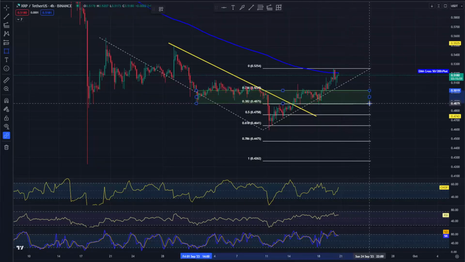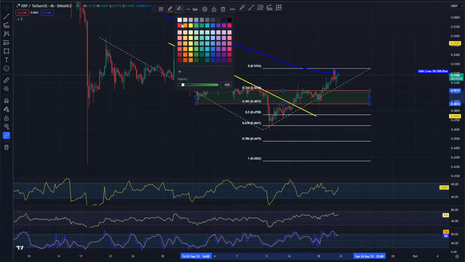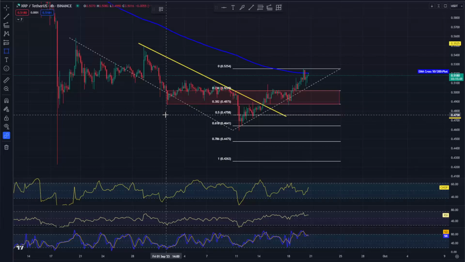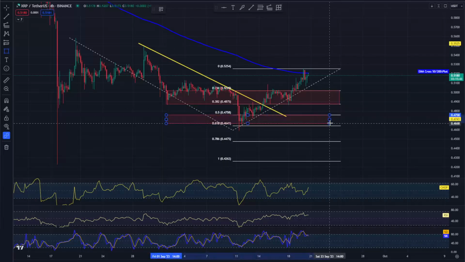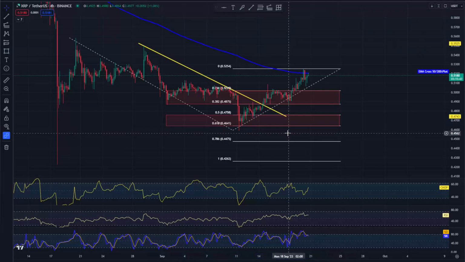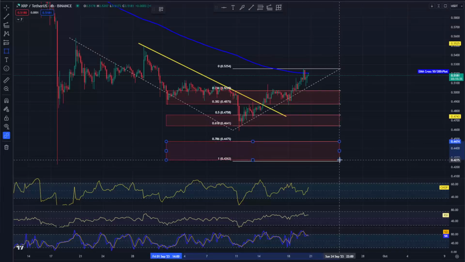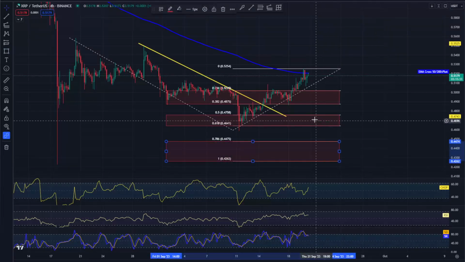And here, first, there is a support zone from 50 cents to 48 cents. Then we have a second zone from 47 cents to 46 cents. And then there is a strong support zone from 44 cents to 42 cents.